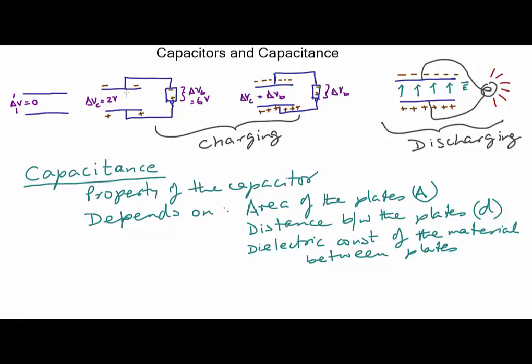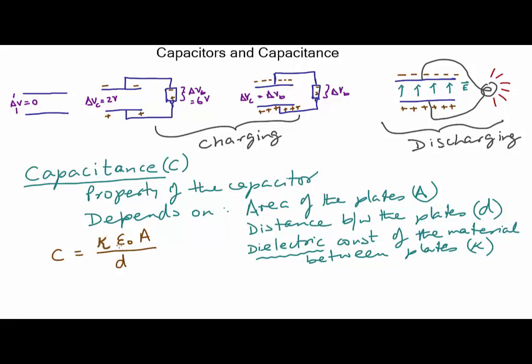You don't want to fill that with a metal because then it'll be constantly discharging as it is charging. But if you fill that gap with some kind of an insulator, insulators are dielectrics, and different materials have different dielectric constants. And this is written as the Greek letter kappa. And this capacitance is written as C. And the equation form of this dependence is that capacitance equals kappa epsilon naught A over d.